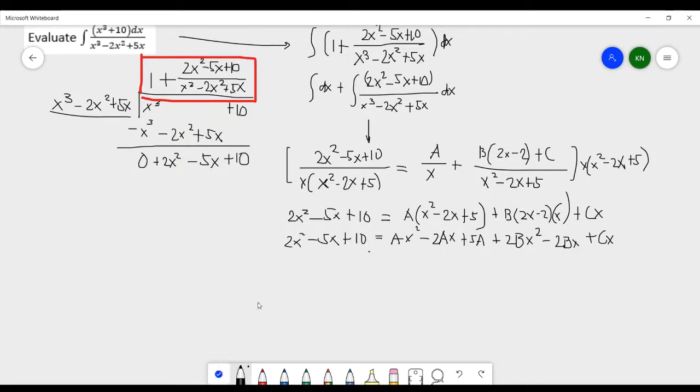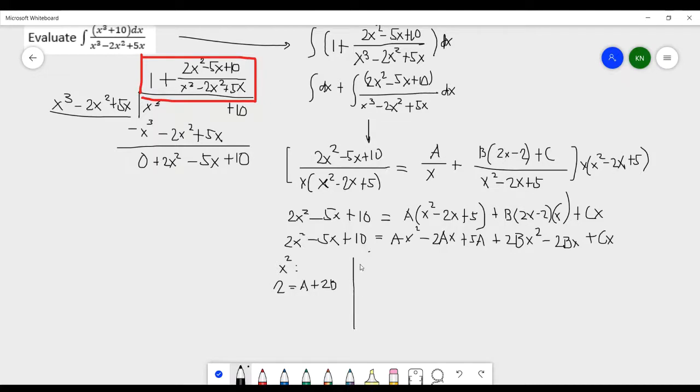So in finding our a, b, and c, we can use the coefficients of our exponents. So by coefficients of x squared, we have 2 is equivalent to a, then we have the 2b, then that's it for the x squared.